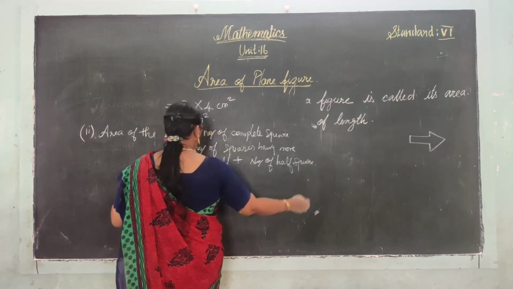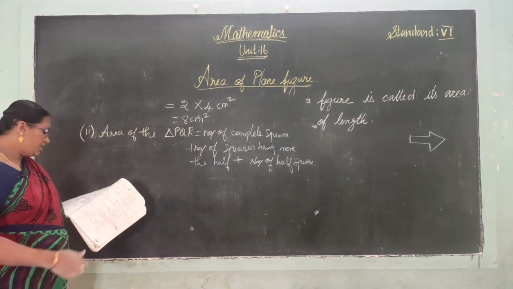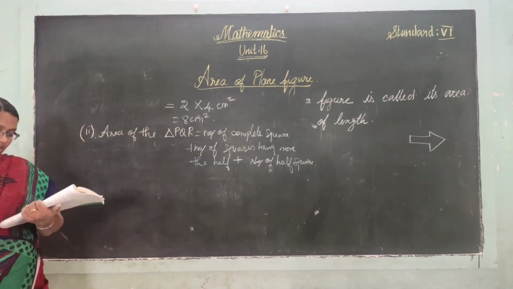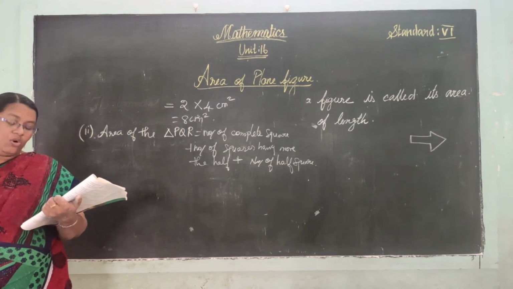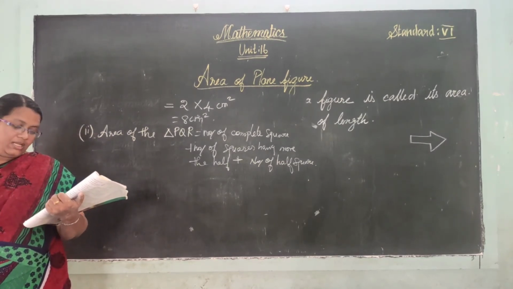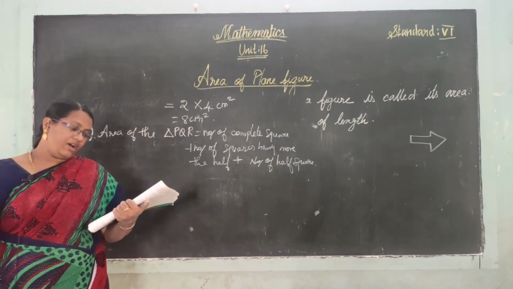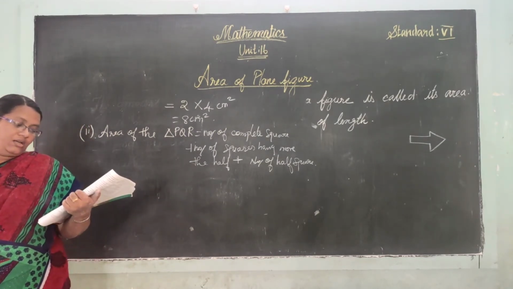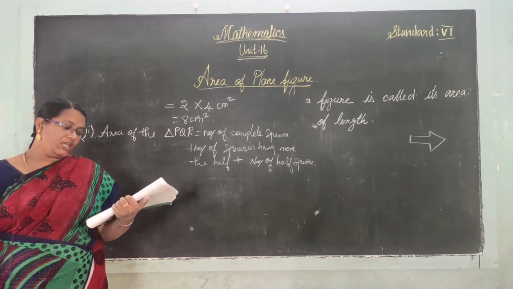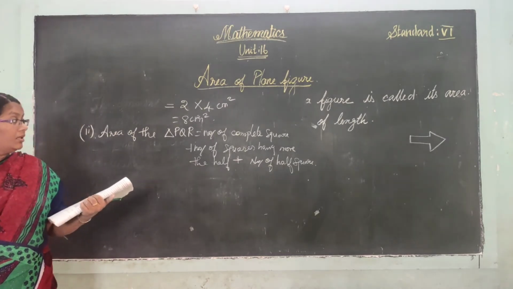See the picture, let's see the numbers. The first number is more than half. And the second, third, 6, 5, okay, and 4. These are all more than half.